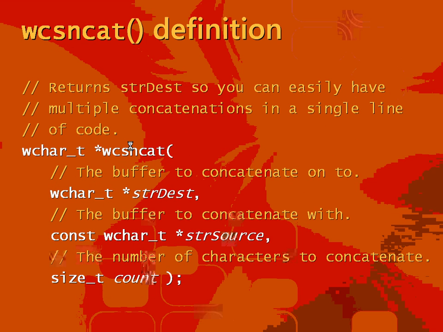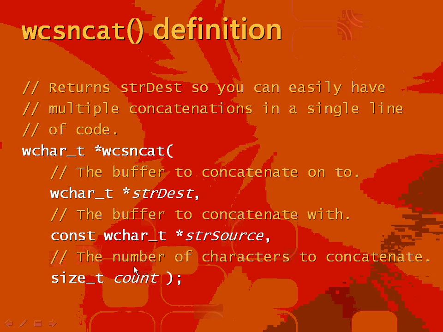So if we take a look at the definition of wcsncat, this is the wide character version of strncat. This is a relatively safe method as far as the C++ routines go. The first parameter is the destination buffer as a pointer. The second is the buffer you want to concatenate with, the one you're going to add to the first buffer.